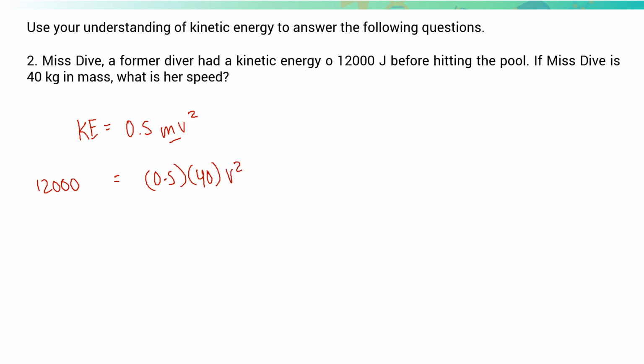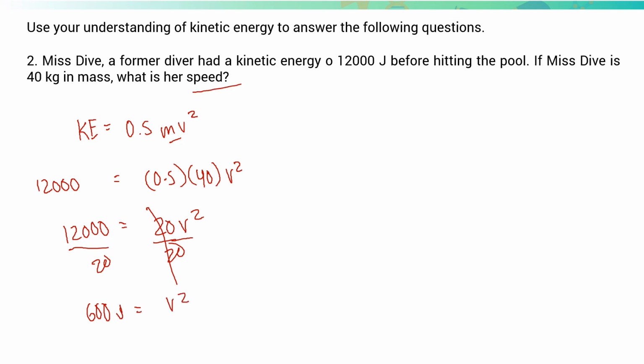Then we want to isolate v squared. We can multiply this first. It would be 20, so 20 v squared is 12,000. Divide both sides by 20, and we're going to have 600. So that 600 is equal to v squared.